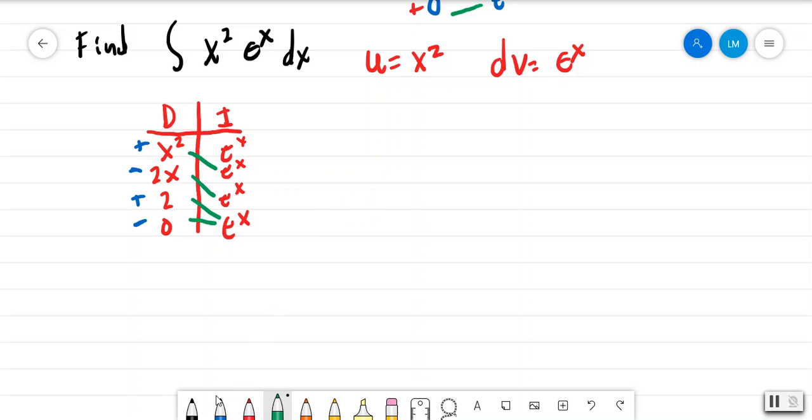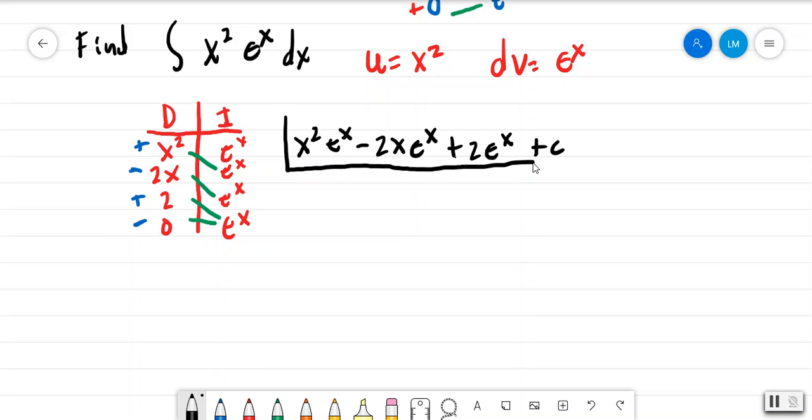What that means is that the solution is x squared e to the x minus 2x e to the x, plus 2 e to the x, plus c. And that's it. That was very easy. Notice that there are multiple layers. You would have had to do a second integration by parts, and this avoided having to do that.